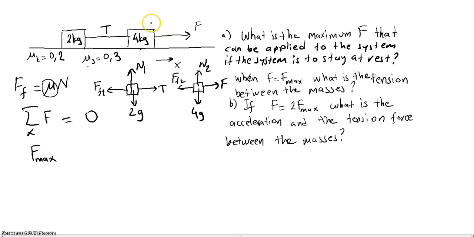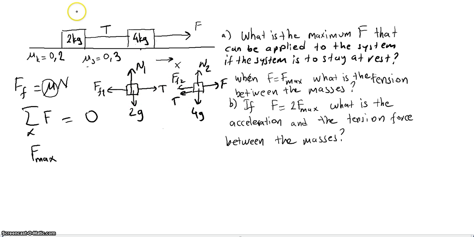If we treat the system as a whole, we also have this tension force T for the 4 kilogram body. If we take these two blocks as one system, then we can ignore the tension T, because tension T is acting toward the right on the 2 kilogram block, but on the 4 kilogram block it's acting toward the left, so these tension forces cancel each other.